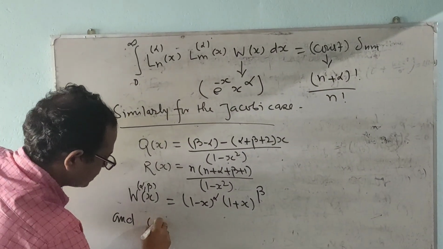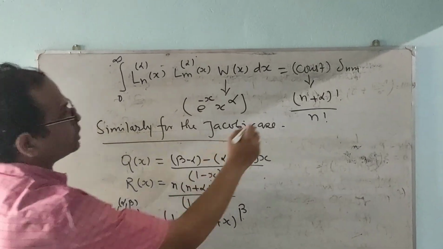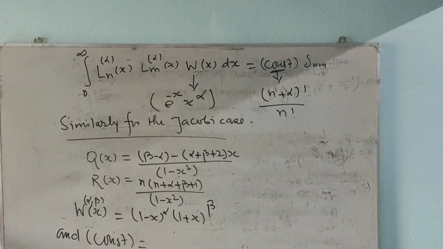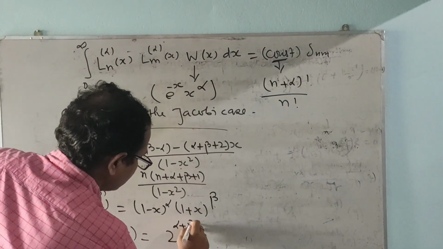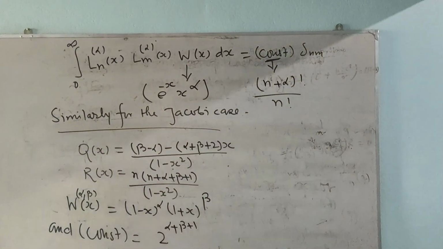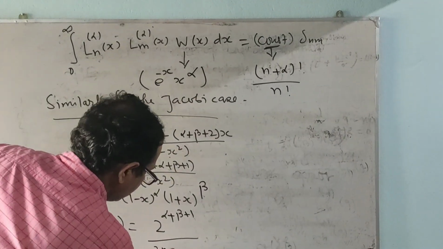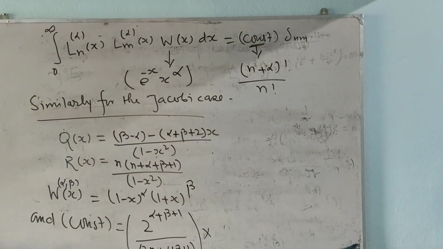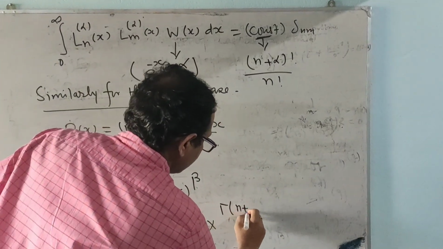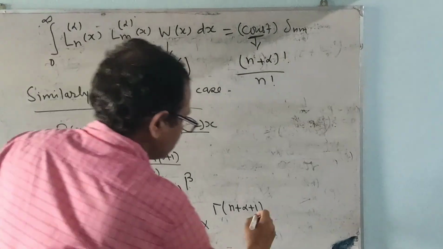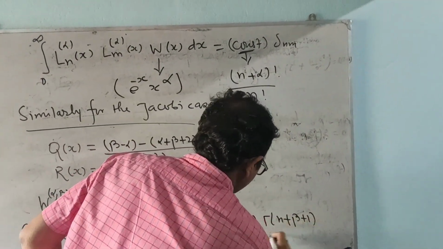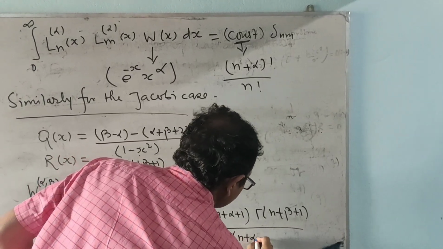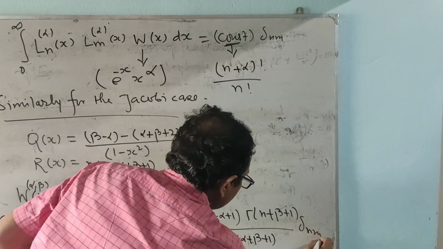And the normalization constant or orthogonality constant in this Jacobi case is a lengthy constant, defined by 2 to the power alpha plus beta plus 1 divided by 2n plus alpha plus beta plus 1, into gamma of n plus alpha plus 1 and gamma of n plus beta plus 1, divided by n factorial and gamma of n plus alpha plus beta plus 1, delta nm.